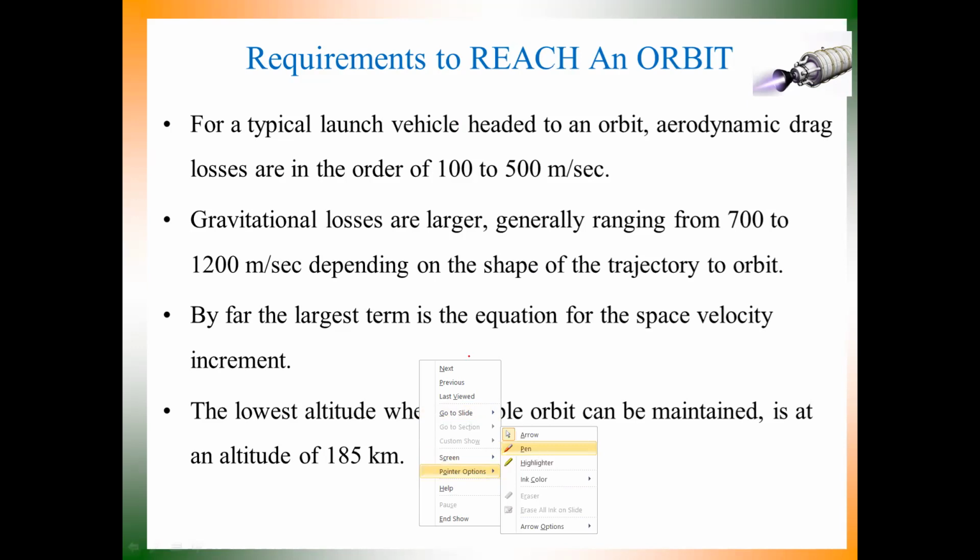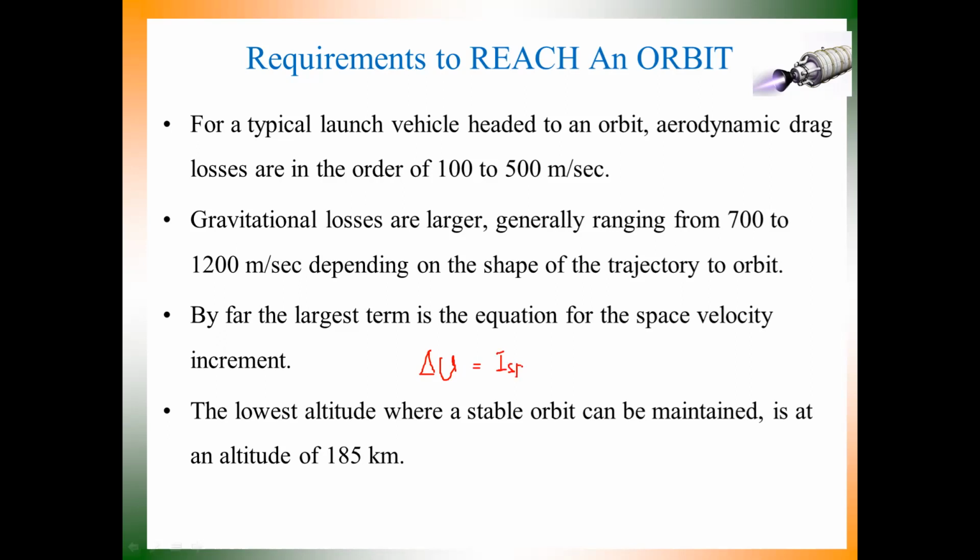Change in V, change in u, I can say the velocity change of the rocket after encountering all the gravitational effects as well as the aerodynamic drag, is equal to Isp, specific impulse, times ln, the natural logarithm, of m initial, m naught, over m final.